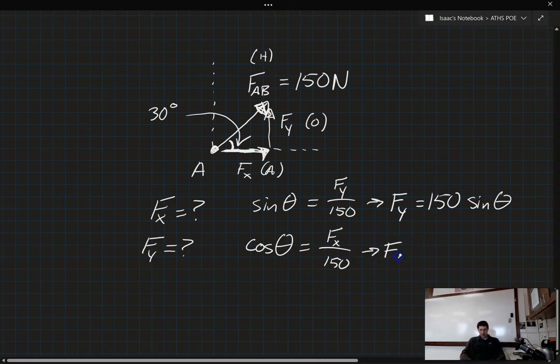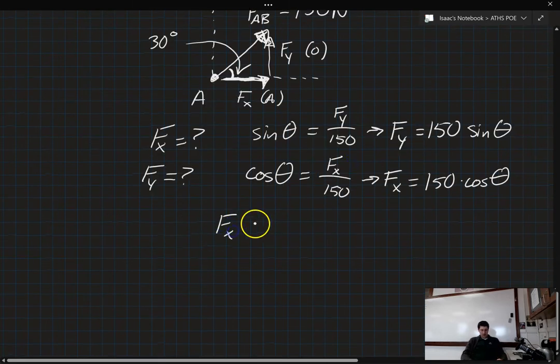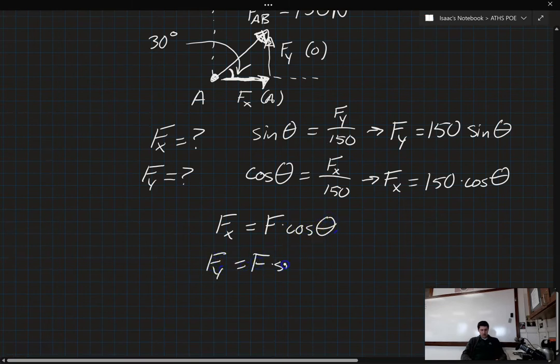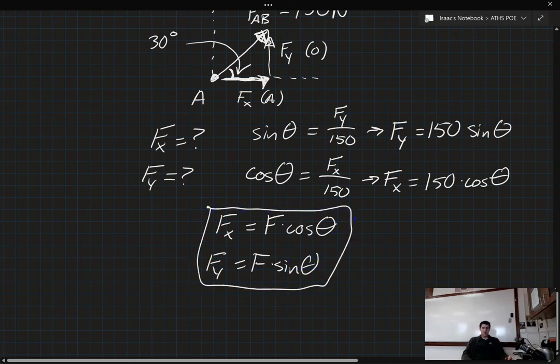So Fx then becomes 150 times the cosine of theta. And these two equations, Fx equals the force times the cosine of theta, and Fy equals F times the sine of theta, are both fairly standard equations that we can use to calculate how much force is only in the x direction and only in the y direction.